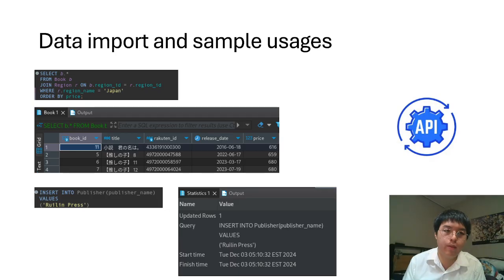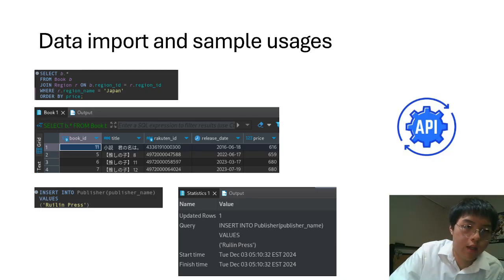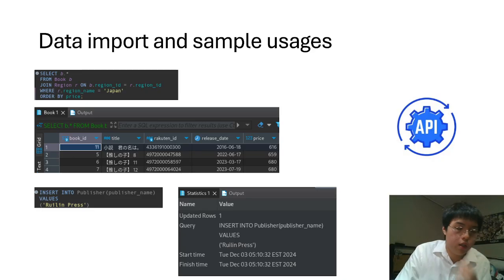Here are some trivial examples, like data query language using the select operator to select the books, filtered by region. For example, here we filter all the books that belong to Japan.